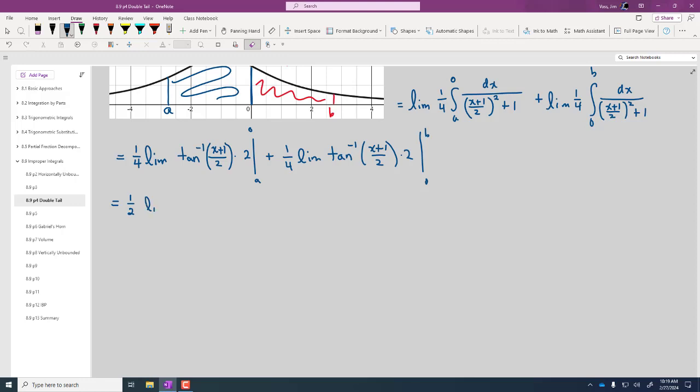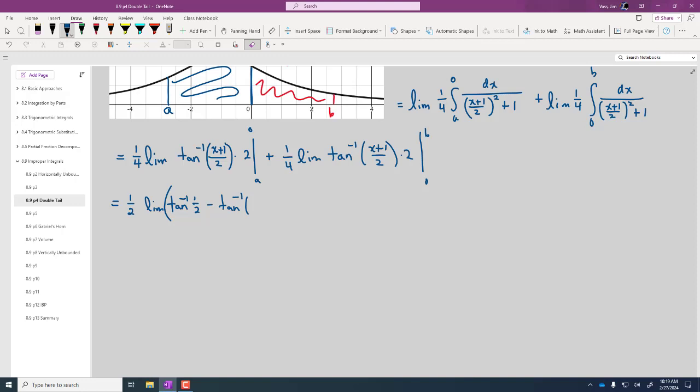And then we're going to have limit, and let's plug in our 2 limits of integration. We're going to have arctangent of, plugging in 0, we'll have arctan of 1/2 minus arctan of, let's see, we're plugging in a for the x. So it looks like an a plus 1 divided by 2.